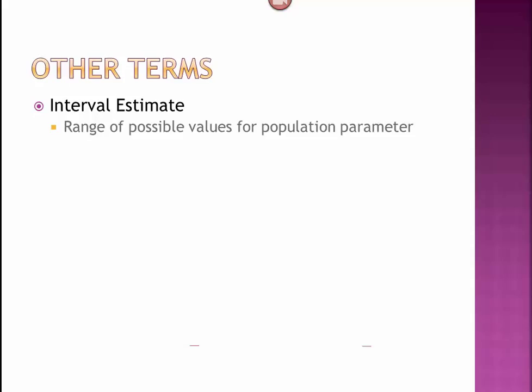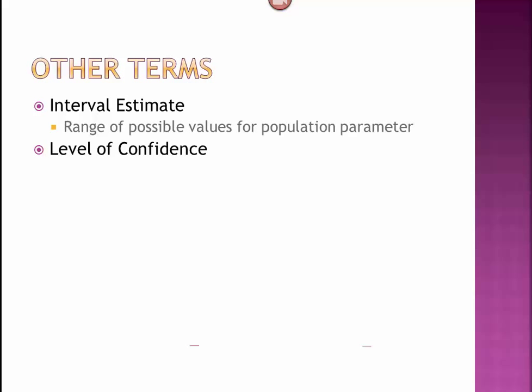What instead we might choose to do, and that we're going to look at doing in this section, instead of relying on a single point, we're going to use that point to create a range of values that we believe our population parameter, that mu that we're after, lies within. So we call that an interval estimate. Instead of just relying on a single point, we rely on a range of values.